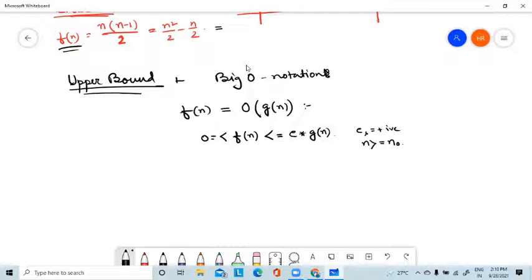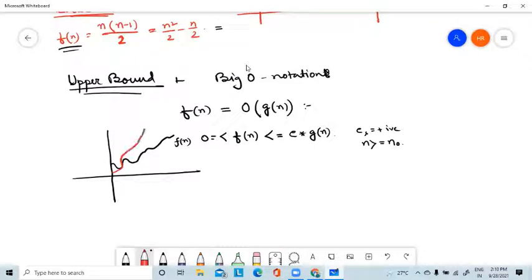If we draw this type of graph, it will show like this. Suppose this is the time complexity of that particular function, so this is f(n), and then c into g(n) will be like this. This is our n0 value.